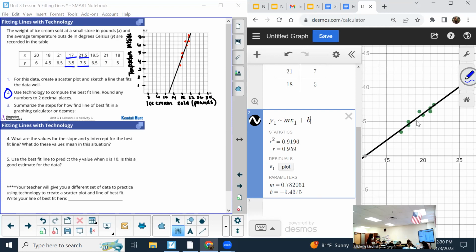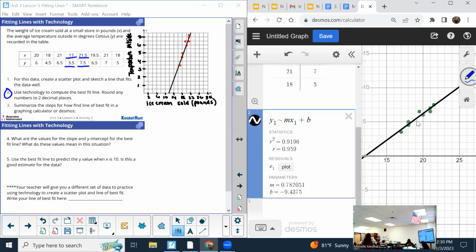The only tricky part that everyone forgets is that it's a squiggly line instead of an equals. The squiggly line for me is the top left of my keyboard, and I hit shift and then press that button. And then you just type in x1 plus b and it'll automatically format that one.